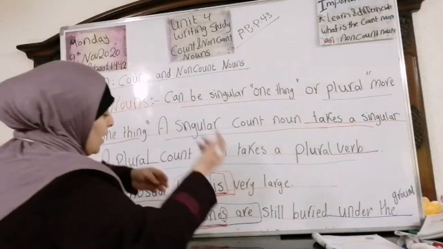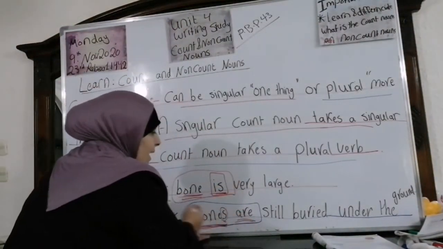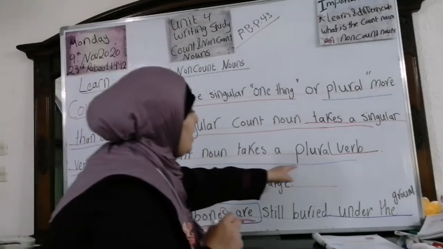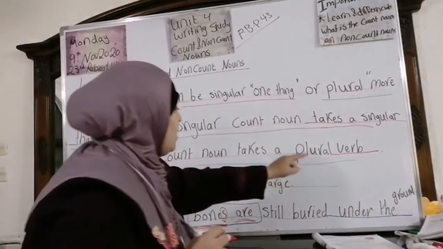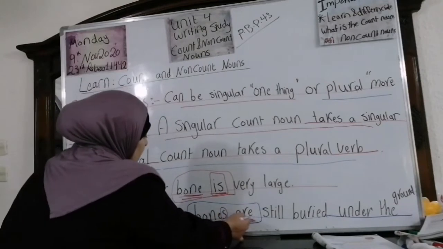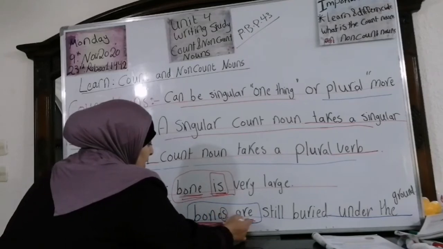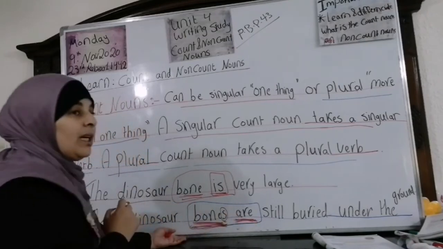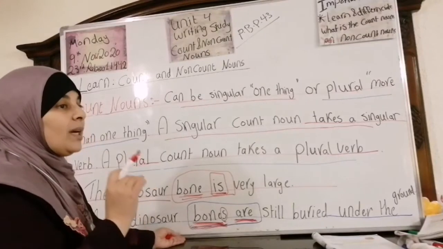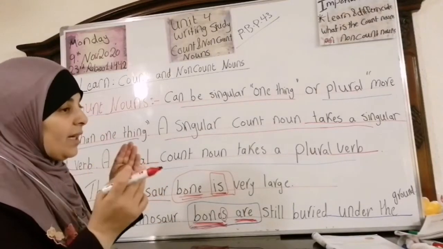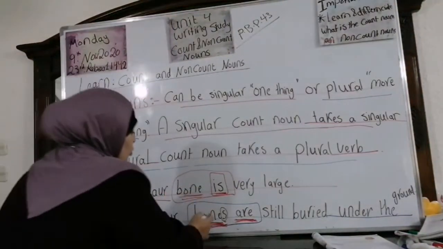What will it take? شو رح تاخد؟ Plural verb. So we put are, لأنه this one plural noun. Plural count noun. What did it take? Plural verb, الفعل الجمع. Okay.